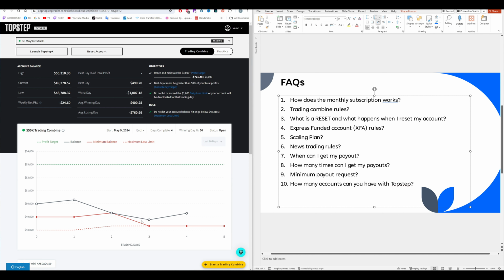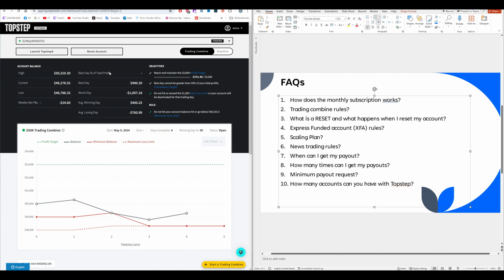So let's say for example when I was right here on day 3, my balance was $48,788. What I could have done is reset my account, and that will bring my balance back to the initial balance of the 50K. So that's basically what the reset is.